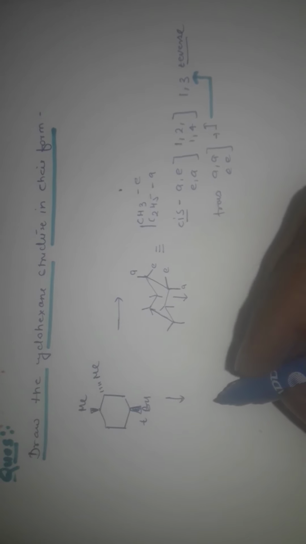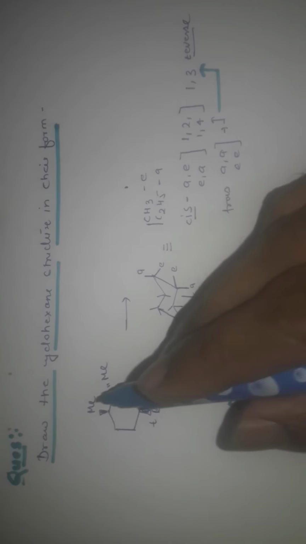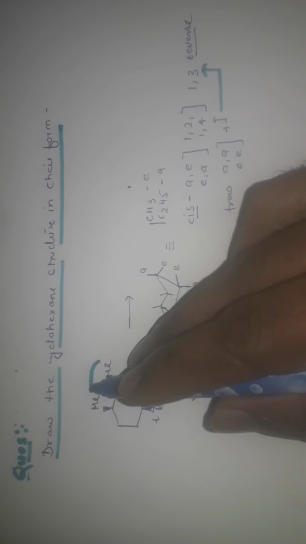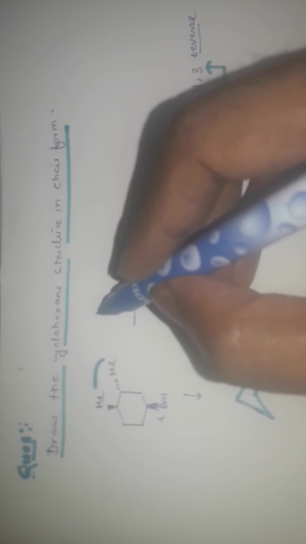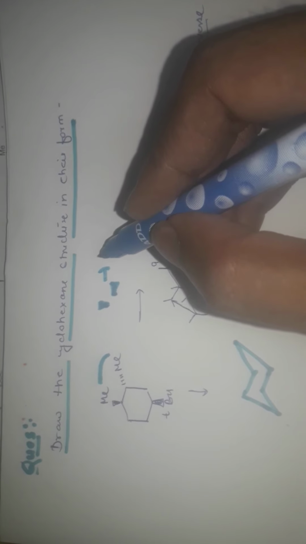So if you see here, this is cyclohexane. If you draw this and see this group, when the groups are present on the same side, this is called cis.